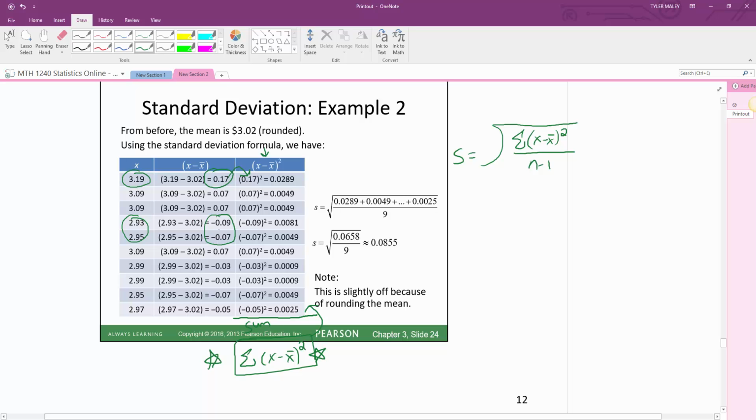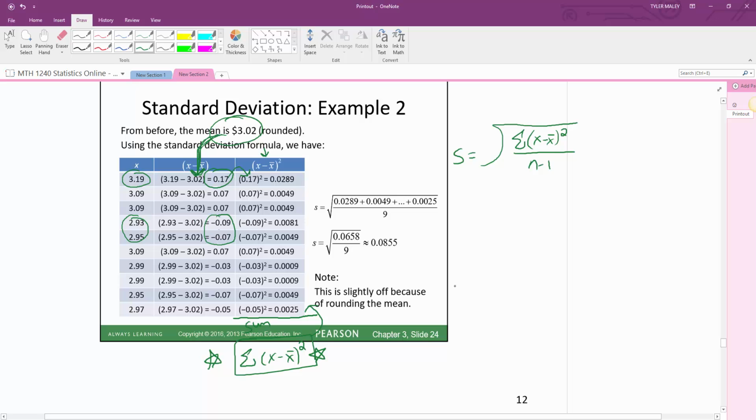Something to keep in mind is I don't believe any of these were rounded, but our mean was rounded. So we're using a rounded answer to get an answer, so we will have a little rounding error. Our value calculated from this might be different than if we used R or Excel or even our graphing calculator to get a more exact value, but they should be close.